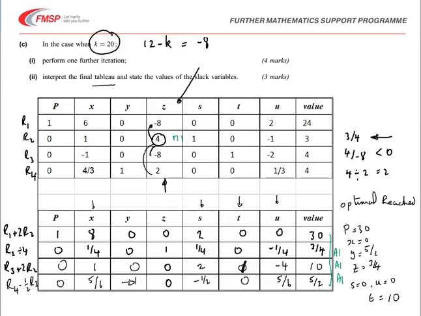That was the 4 marks there. There were then 3 marks for the interpretation. An explanation that the optimal value had been reached. B1 mark for these, and a follow through if you'd made mistakes in the iteration. And then a B1 mark for the slack variables.